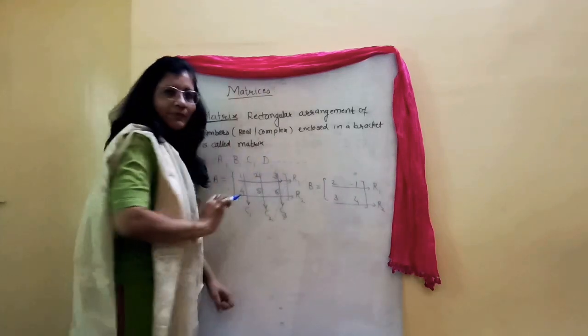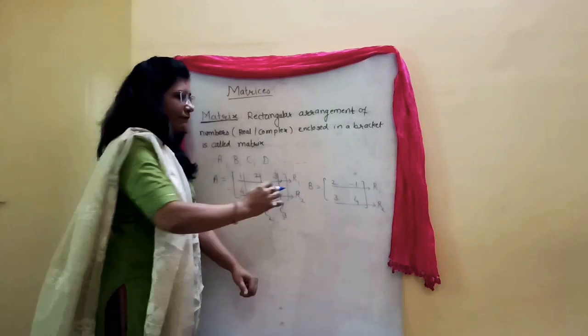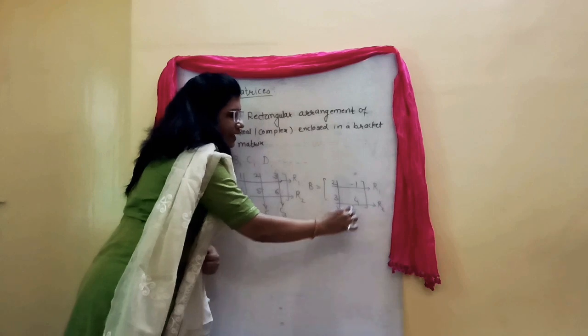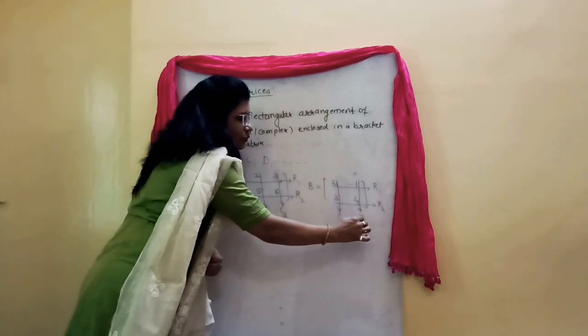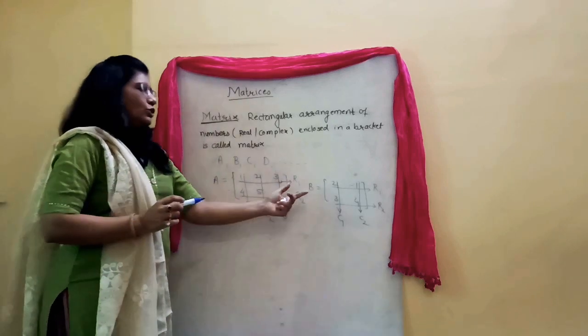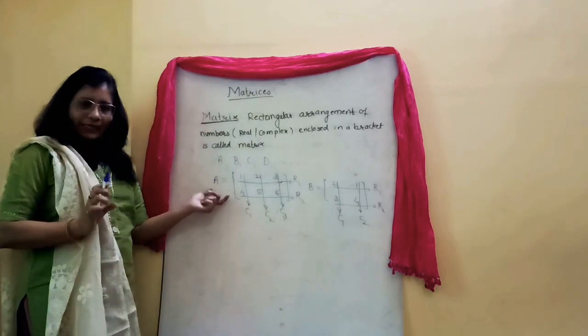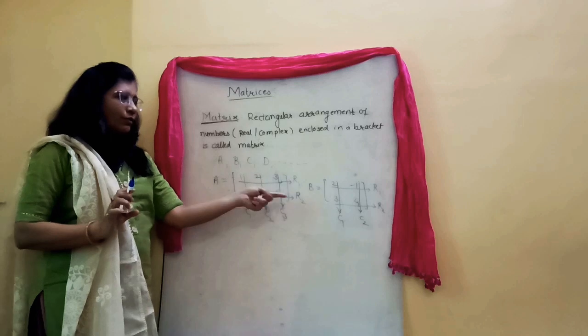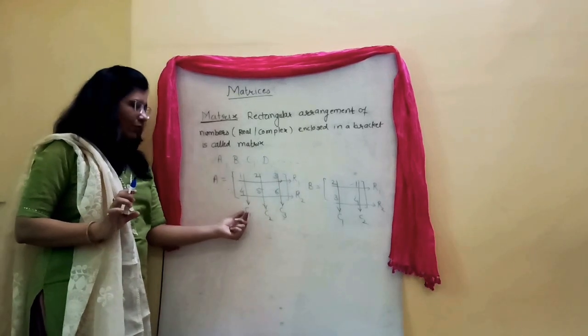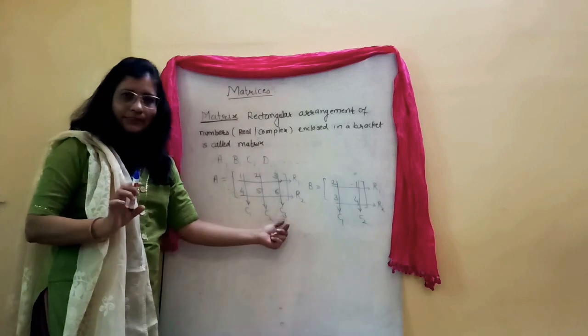Now, in matrix B, how many columns are there? If you can see, there are 2 columns: this is column 1 and this is column 2. So, in matrix A, how many rows are there? There are 2 rows, and 3 columns, C1, C2 and C3.